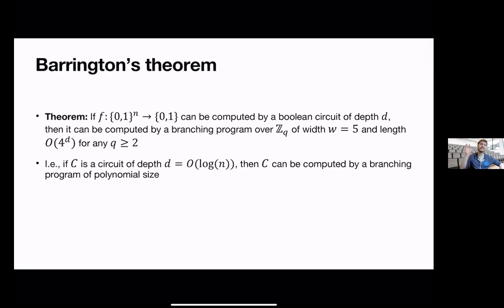You can always translate one into the other. So the part that does not interest us today is that every branching program of polynomial size can be simulated by a circuit of depth log n. This is the reverse direction of Barrington's theorem, but we're only interested in converting circuits into branching programs.